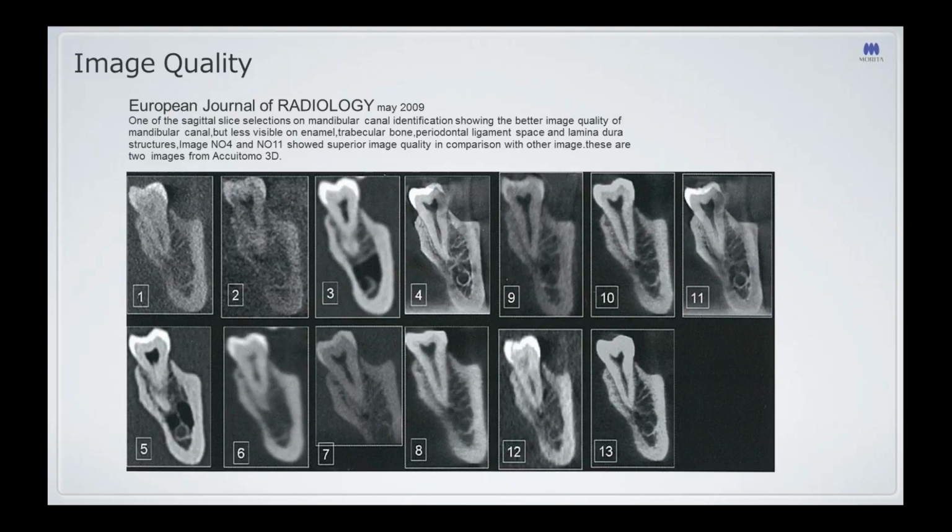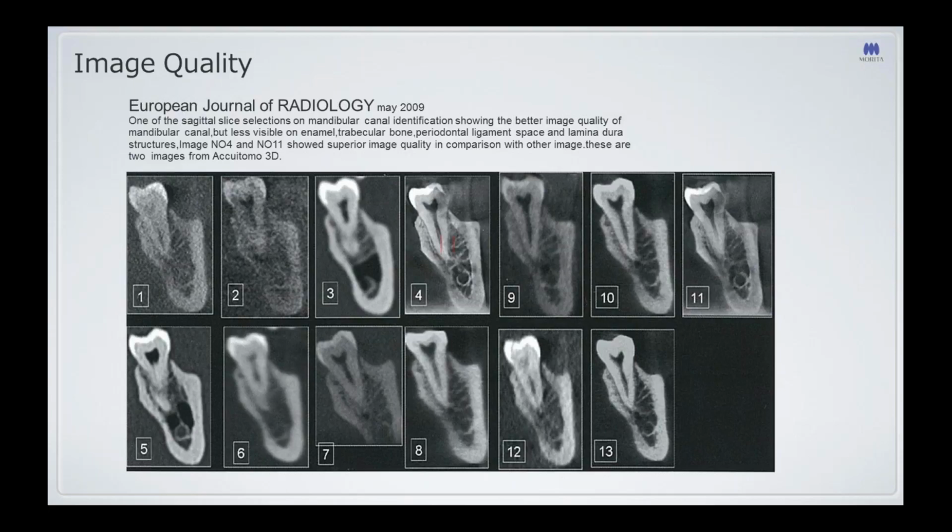So keep in mind that it's the package that you want to look at. It's the overall image quality that you get out of the machine that you want to evaluate, not just a single number, a single parameter. You have to evaluate the entire image, including how fast it was taken and the overall stability of both the patient and the machine itself.